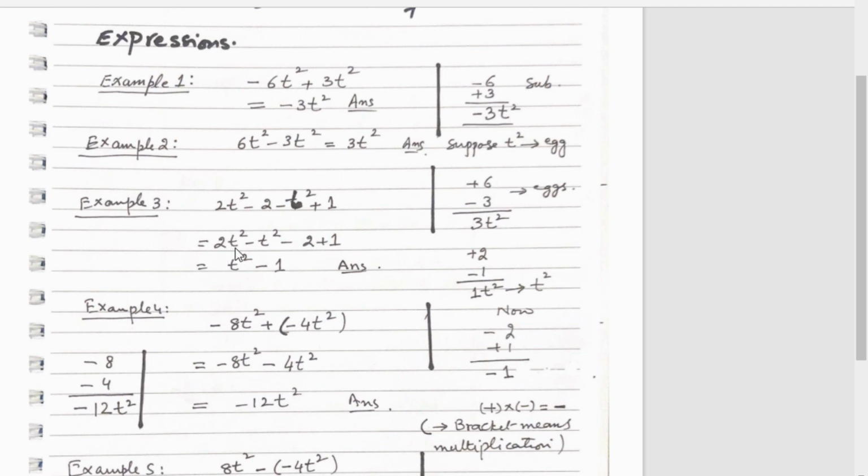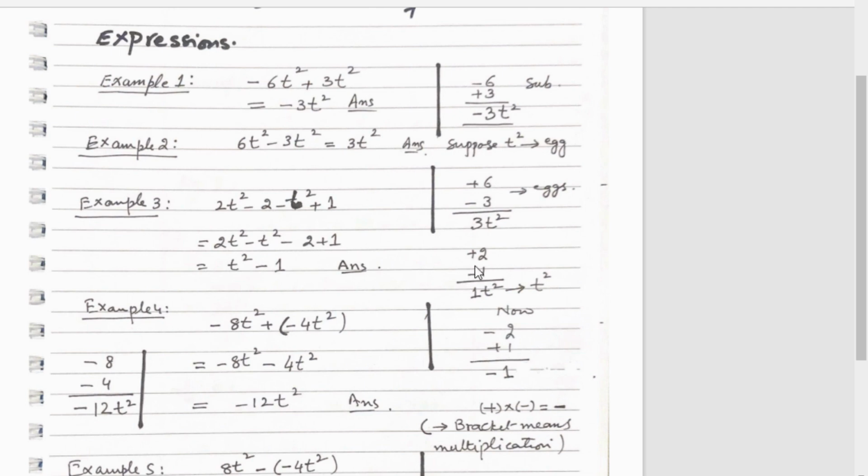What is the coefficient or the number written before t square? The number written before this t square is 2 and the number written before this t square is minus 1. When there is no number with any variable, it means there is number 1. It is understood in mathematics. So remember.